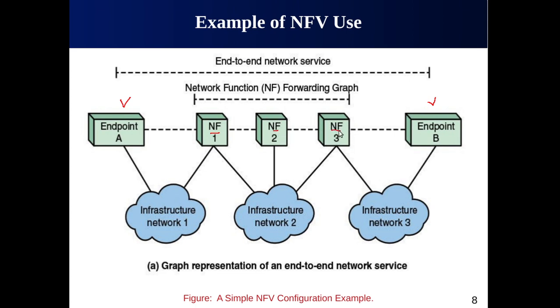This is referred to as a forwarding graph. So you can see NF1, 2 and 3 make a forwarding graph, and this forwarding graph connects the endpoints.